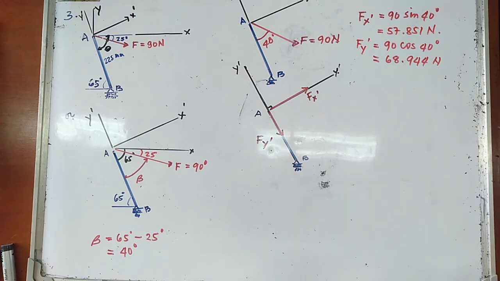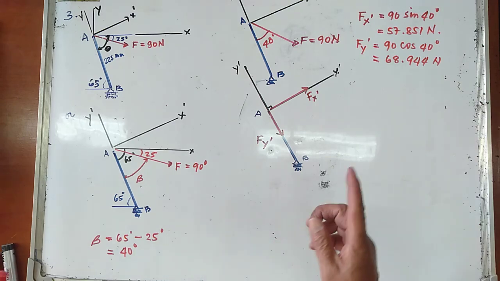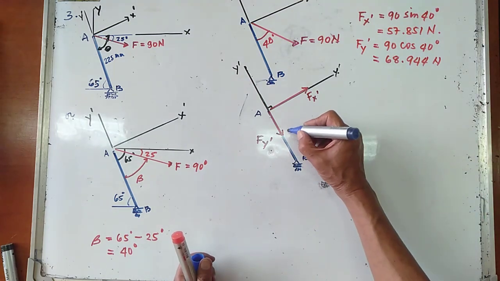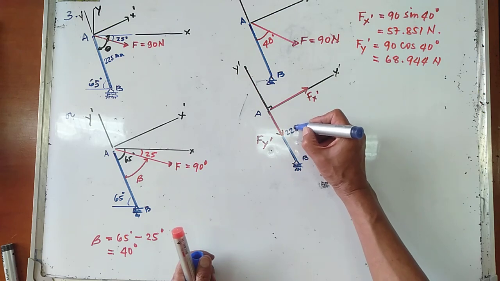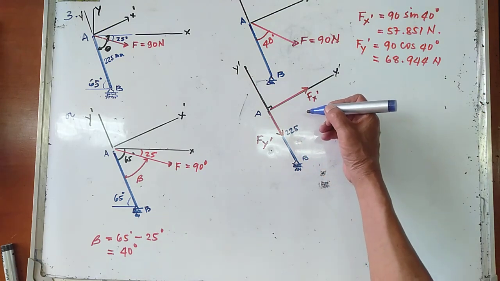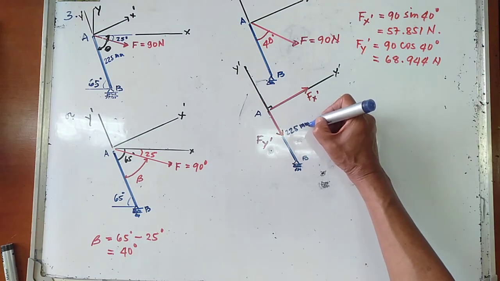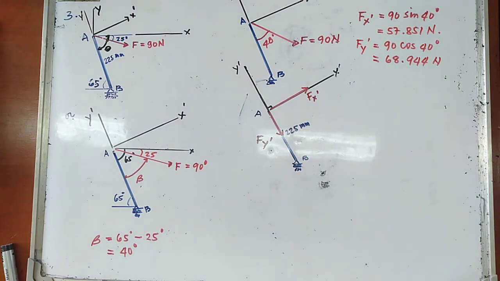Now the length of the rod: the length AB is equal to 225 millimeters.